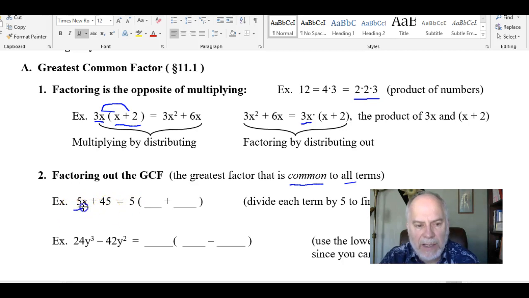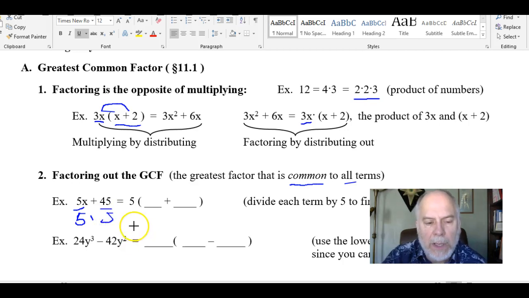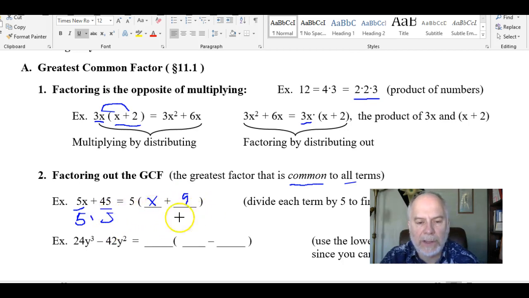So if I divide the first thing by 5, and also the second thing by 5, 5x divided by 5 would be just x, so that's what would be left over inside there. And 45 divided by 5 would be 9. So you can figure out what would be left that goes inside the parentheses just by dividing.